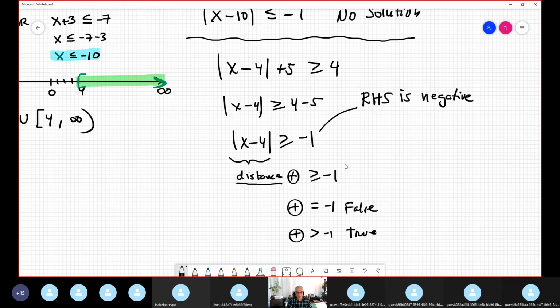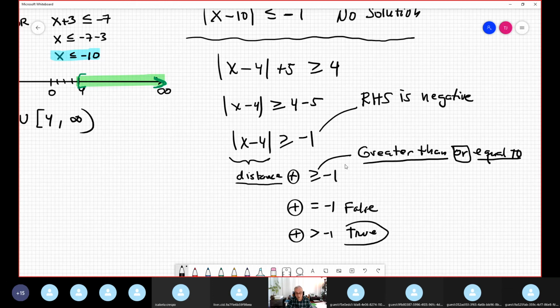Therefore, remember that the symbol indicates greater than or equal to. So the greater than is true, but the equal is false. See, at least one statement is true, and we connect it by or, so the statement is true. It's true. We have solution. And when it's greater than, be careful, we have solution. And how many solutions?